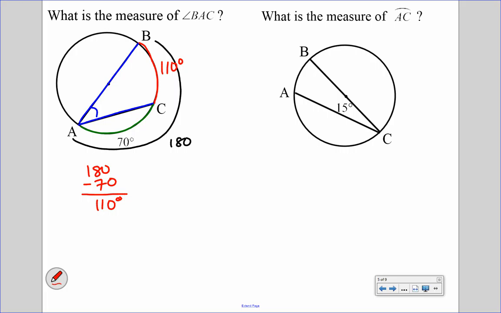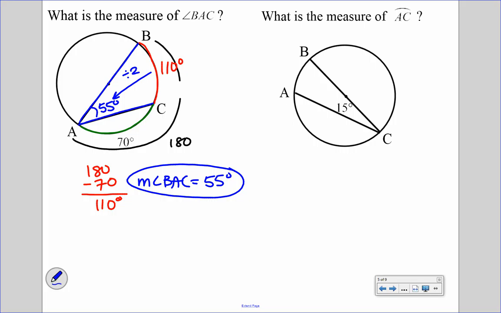Now that I know the arc measure, I can divide by 2 to get that angle, and that is 55 degrees. So the measure of angle BAC is going to be 55 degrees. You got to be able to check for those diameters. The diameters give you that 180 degree semicircle.